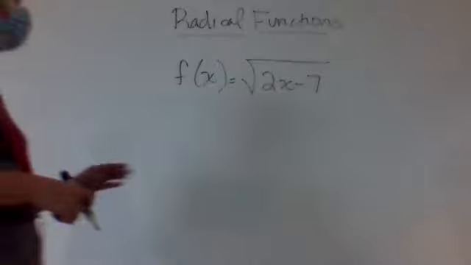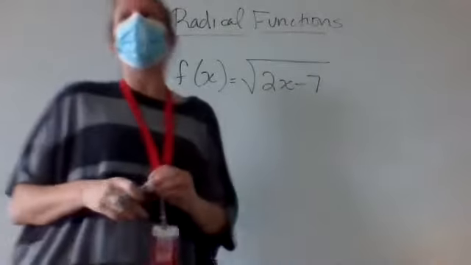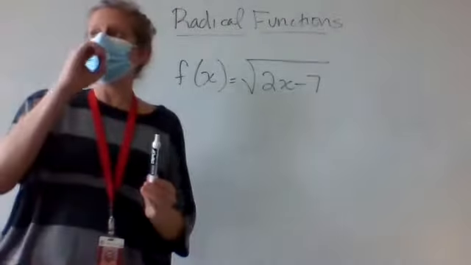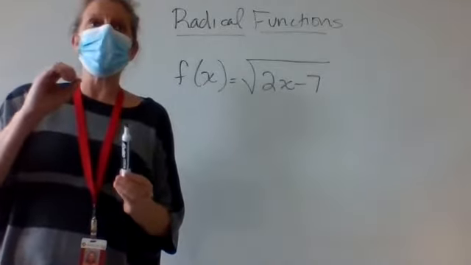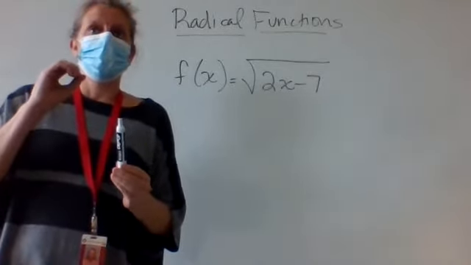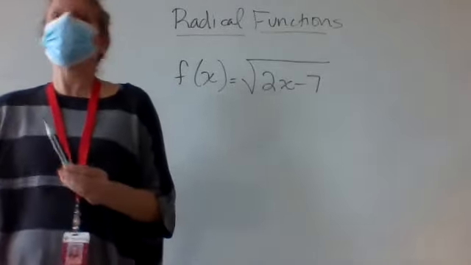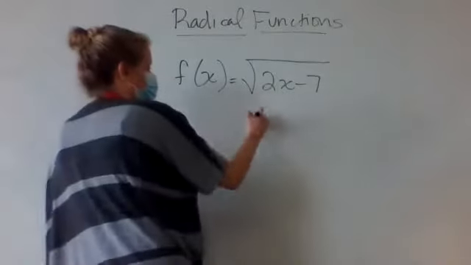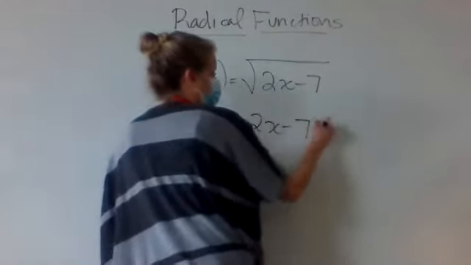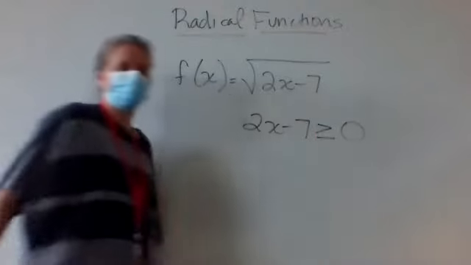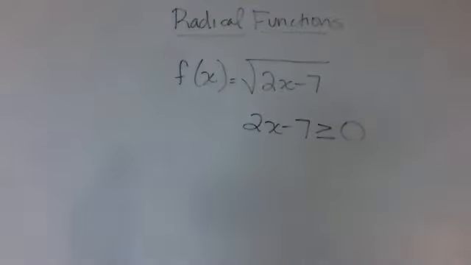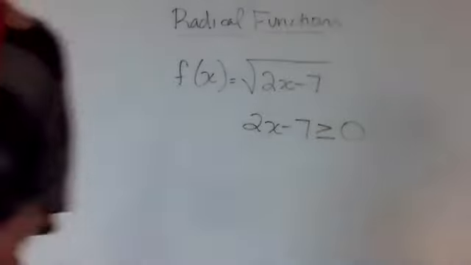So what's underneath here has to be positive, or in other words, greater than or equal to 0, right? That's how you're positive. The only way you're negative is if you're less than 0. That's what makes you negative. So I just need to set that up, whatever is underneath the square root, and say that needs to be greater than or equal to 0 to find what this domain is, and then solve it.